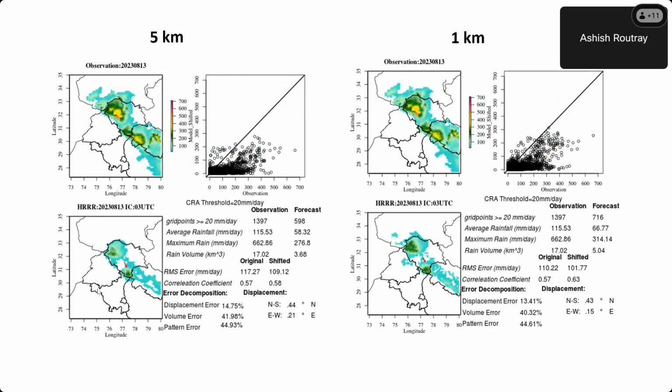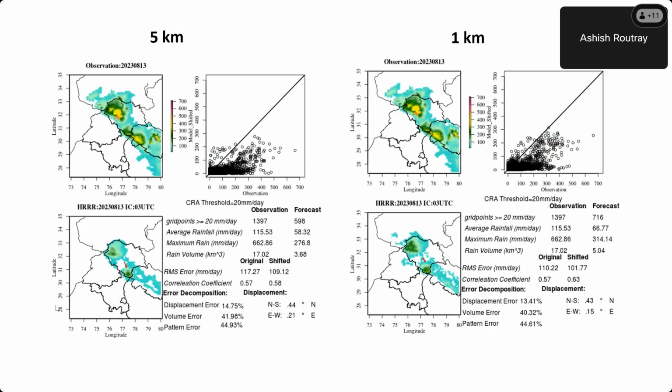Here we also see more statistics, the CRA for 5 kilometer and 1 kilometer. If you see the table, you can easily find the difference and how the 1 kilometer HRR system is performing with respect to the 5 kilometer.